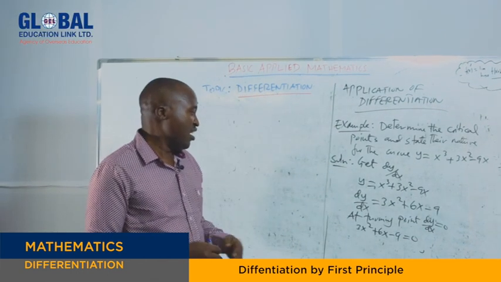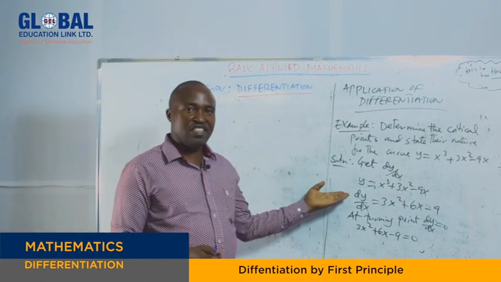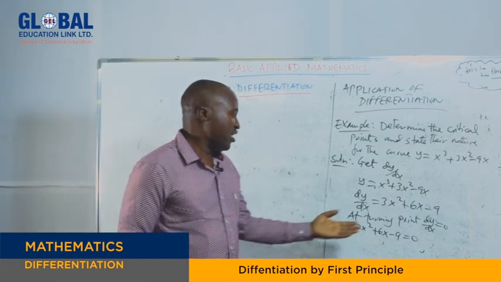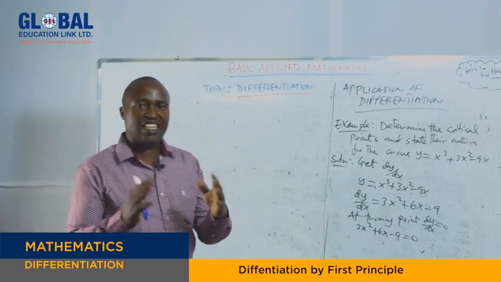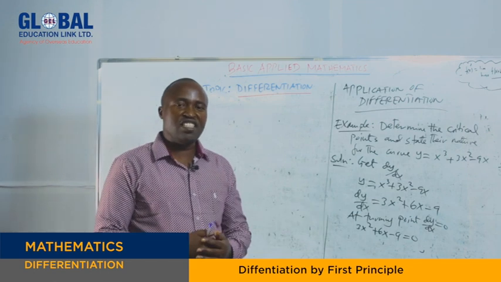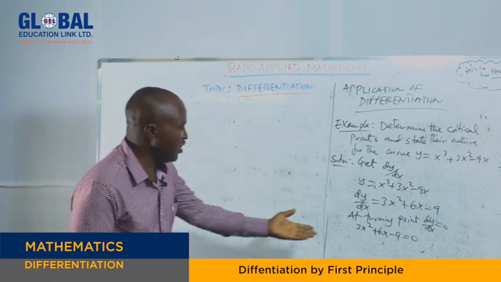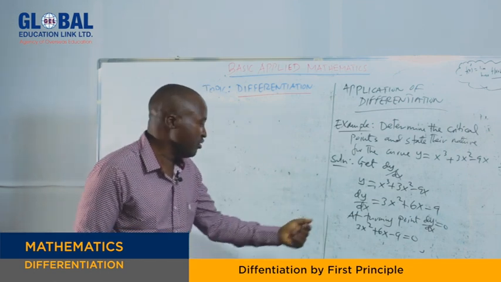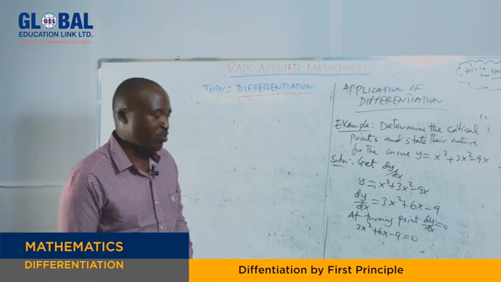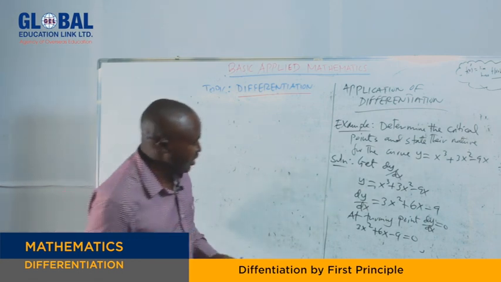After getting the first derivative, we just equate it to 0 because at the turning point dy/dx is equal to 0. Therefore we have this function. But before solving this quadratic equation, we can simplify it.